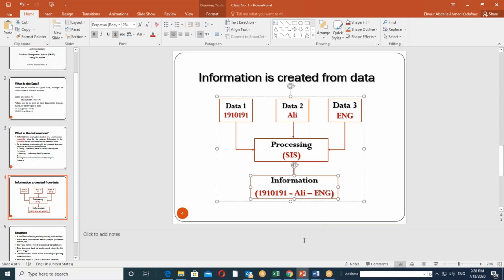So this is a record. Right now we have the full picture of information. I hope it is clear. That is data and information: we get information from data after we process the data through an application.